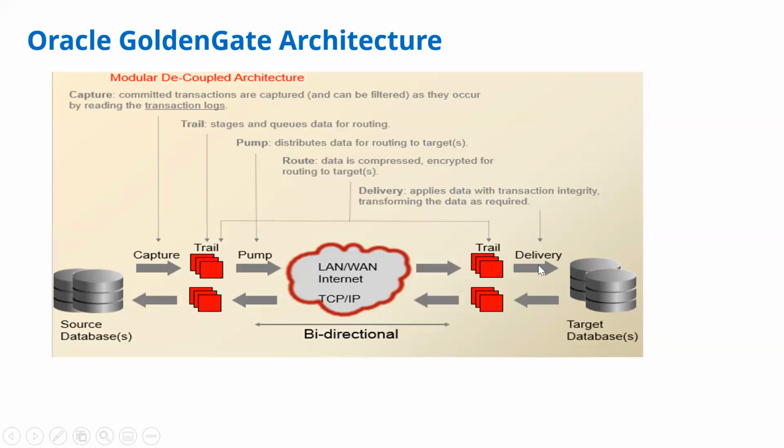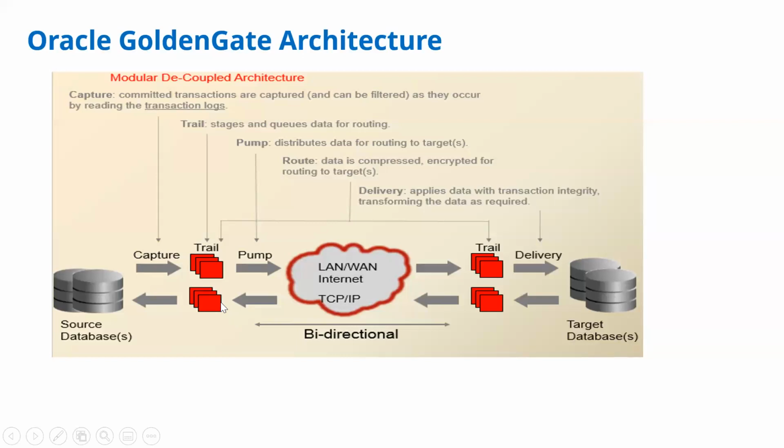It is also called the replicate process. The capture process captures the data and writes it to local trail on the local machine. These trail files are binary format files which consume space on your operating system. So extract process extracts the data and writes it to local trail.